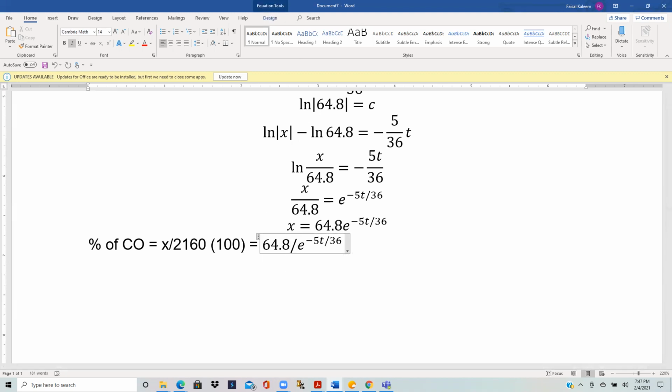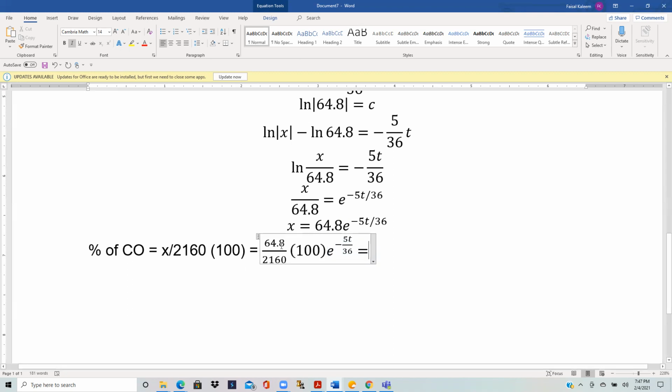Then this constant, 6480 divided by 2160, will actually be 3.